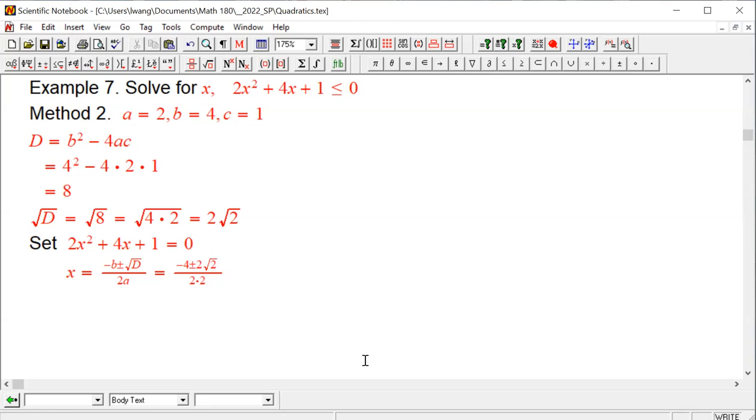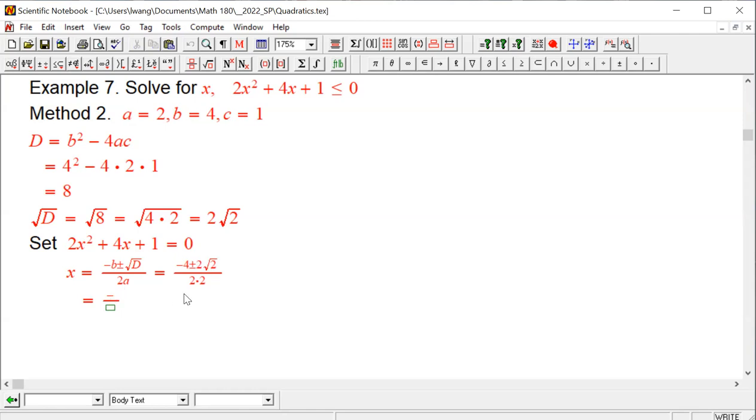Okay, and then we're going to simplify. How do we simplify that? The denominator is a 4, and then this 2, and this 2, and there's a 2 inside. So let's just do it.